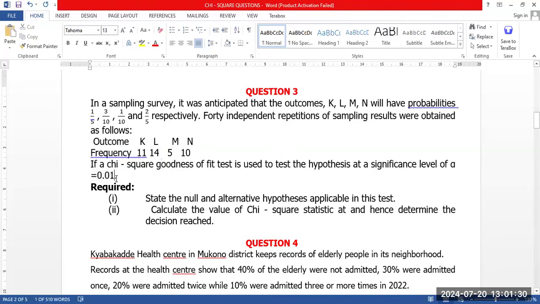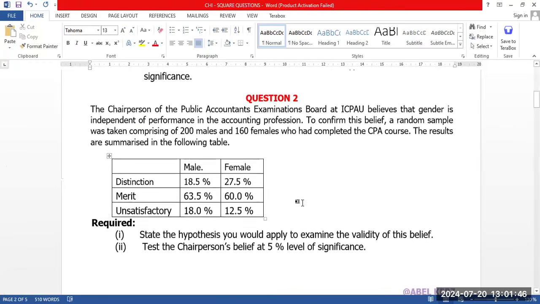If they give you those higher figures, always get the level of significance by taking 100 minus that percentage. Then the answer you get is your level of significance.